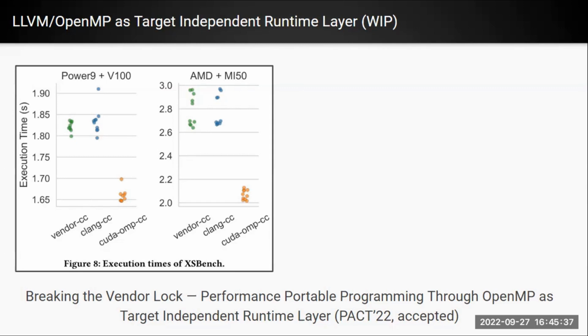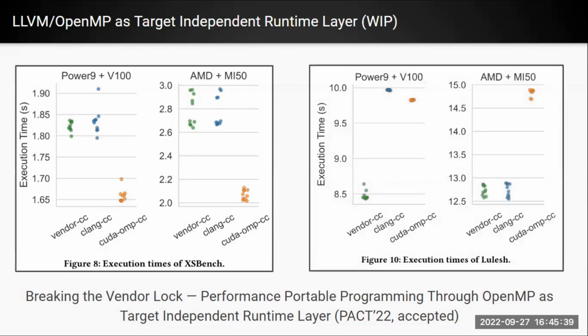But we also have other benchmarks, like Lulesh, for example. NVCC is much faster on NVIDIA than Clang as a CUDA compiler is. But we, taking CUDA code through OpenMP and compiling it for NVIDIA again, are comparable to Clang as a CUDA compiler.